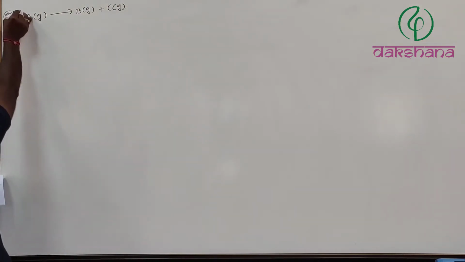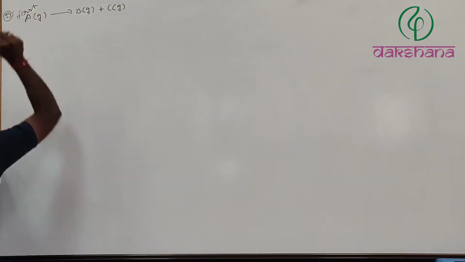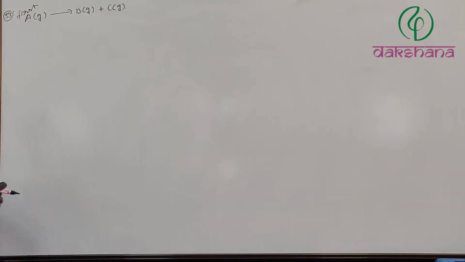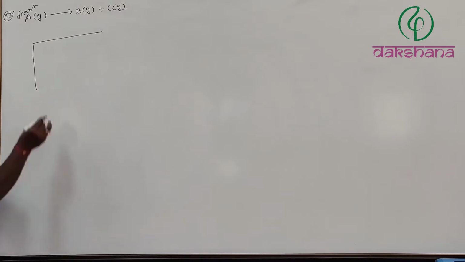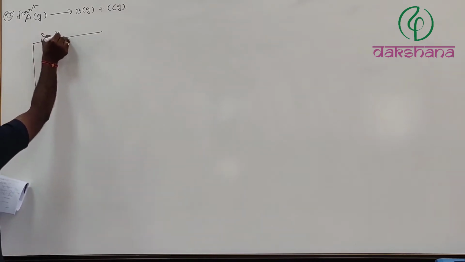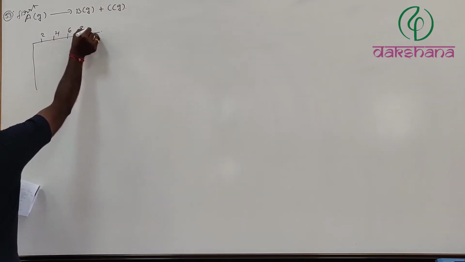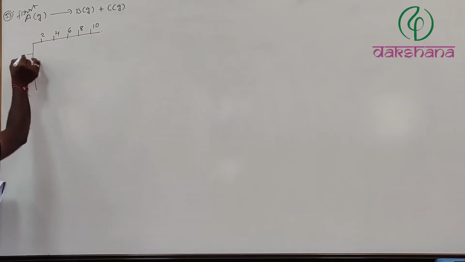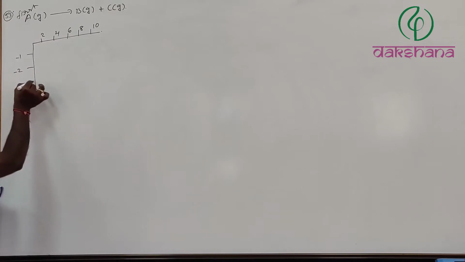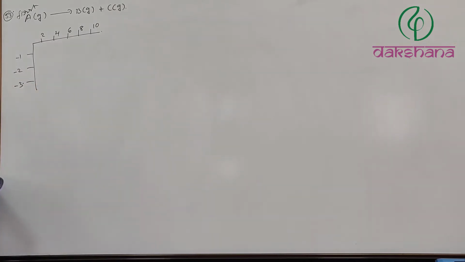This is also a first order reaction, they have already mentioned, so no worries. And for this, they have mentioned one graph here. So something like 2, 4, 6, 8, 10. And here it will be -1, -2, -3.